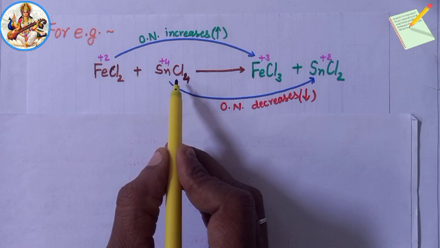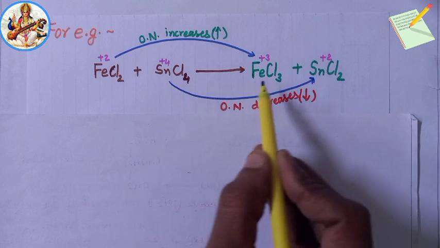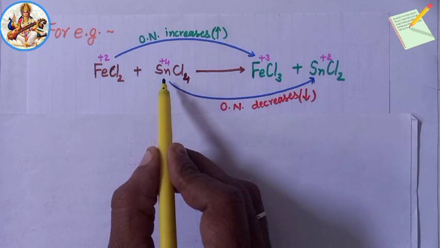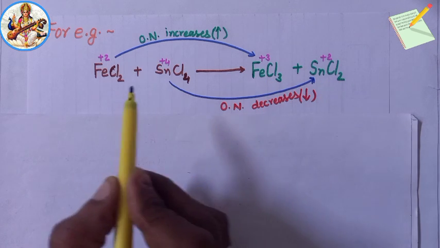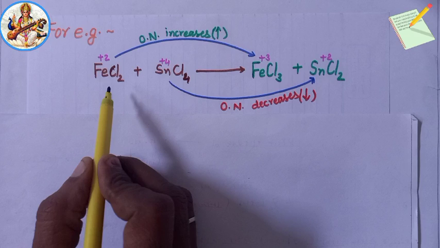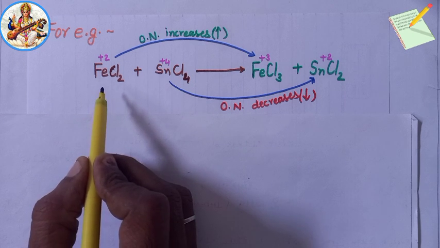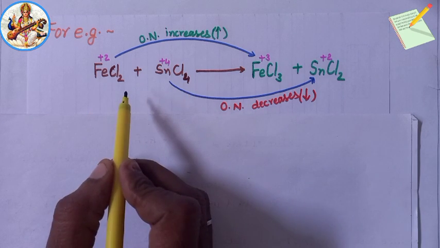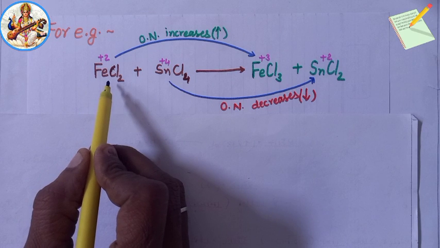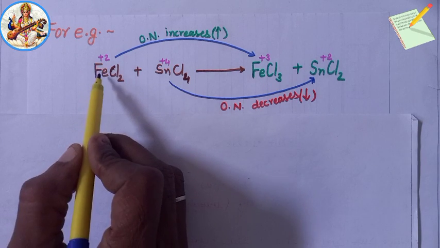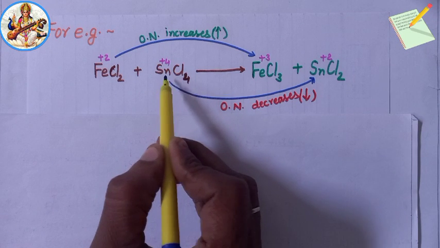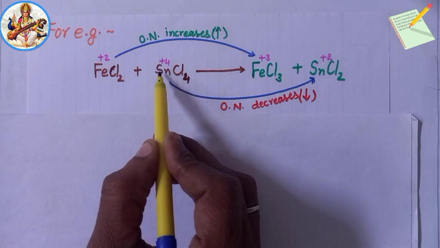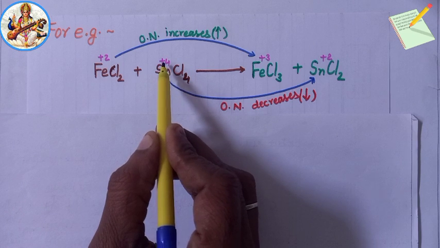FeCl2 plus SnCl4 converted, after chemical reaction, into FeCl3 plus SnCl2. Here, in FeCl2, the oxidation number of Fe is +2. Similarly, in SnCl4, the oxidation number of stannum is +4.